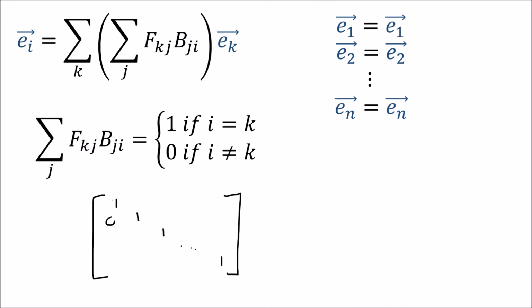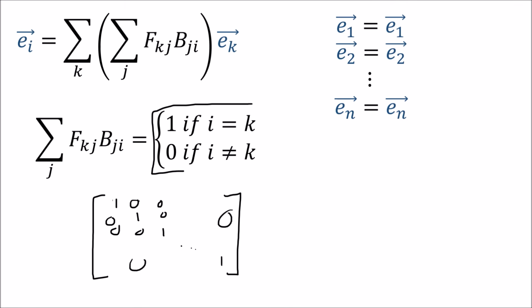So we get 1s along the main diagonal here, and then we just get 0s everywhere else. Once again, we showed that multiplying f by b gives us the identity matrix. So f and b are inverses of each other.